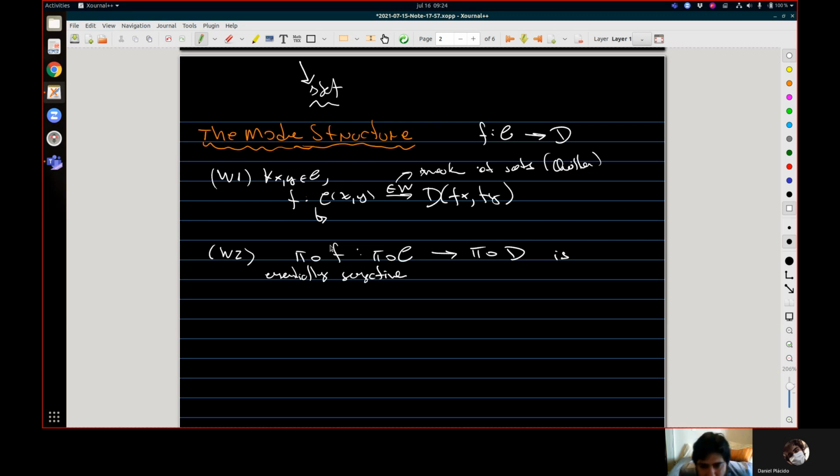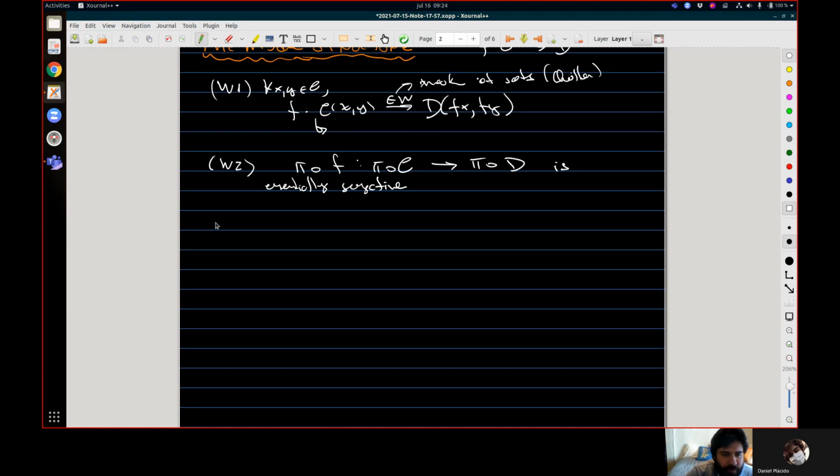So I want to talk about this for a while. First observation: condition 2 plus condition 1 implies that pi 0 of F is an equivalence of categories.